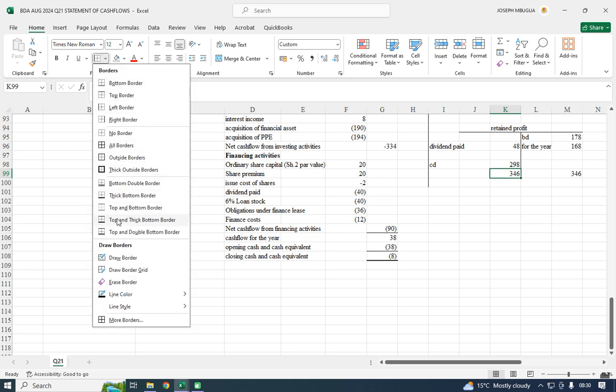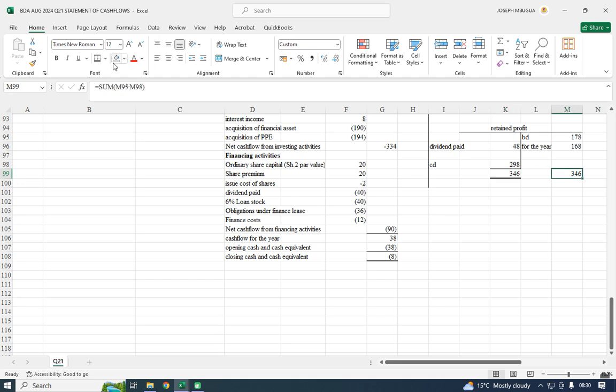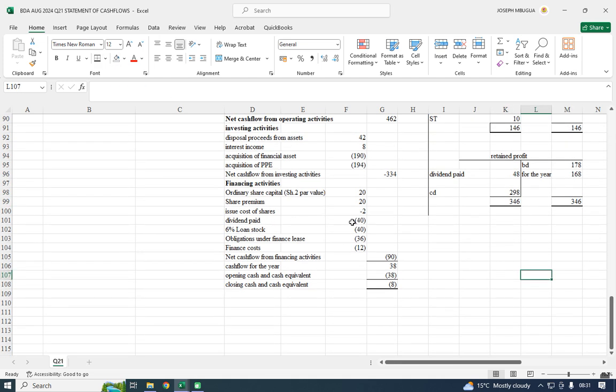The dividend paid is supposed to be 48 and not 40. So the 40 was what was declared under that, but the one that was paid was 48, because the retained profit is not adding up.